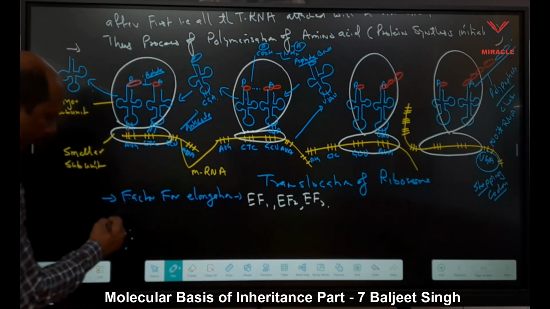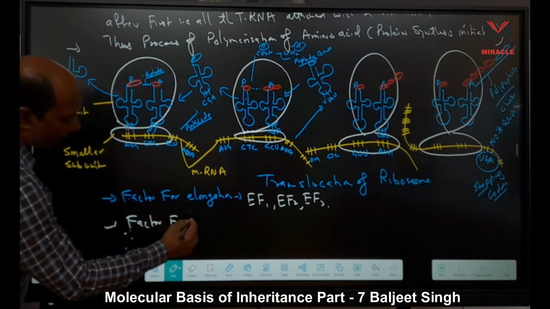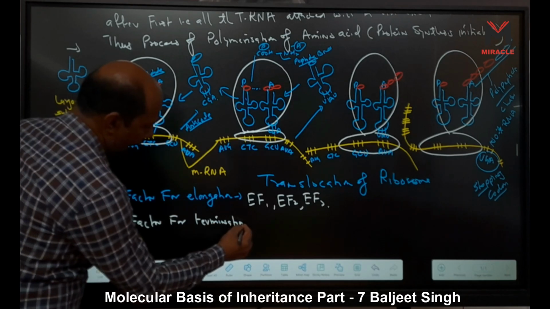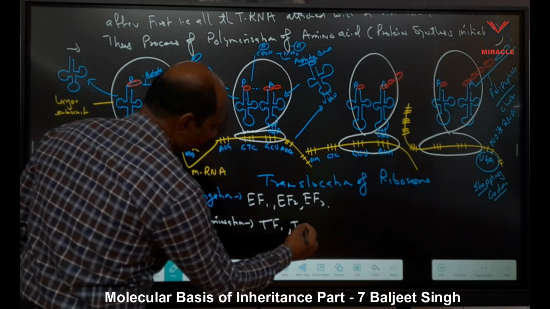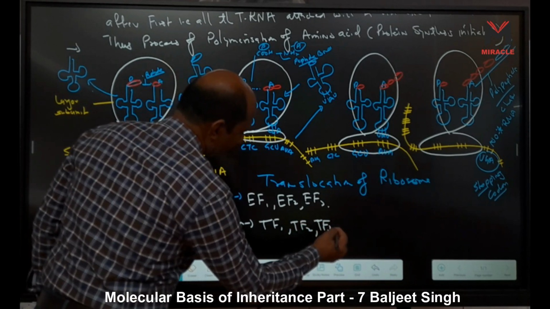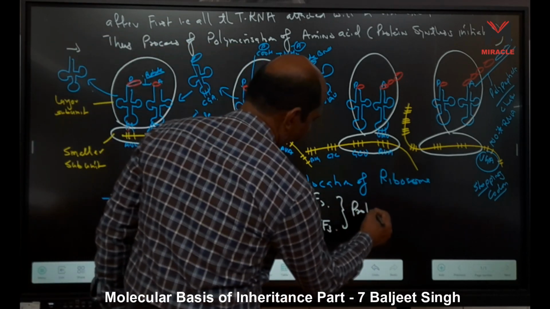Then similarly, factors for termination. We have termination factors TF1, TF2 or TF3. In case of prokaryotes, these are present in the prokaryotic cell.